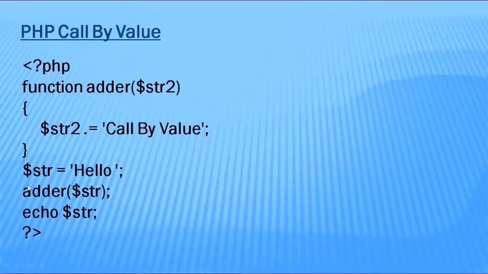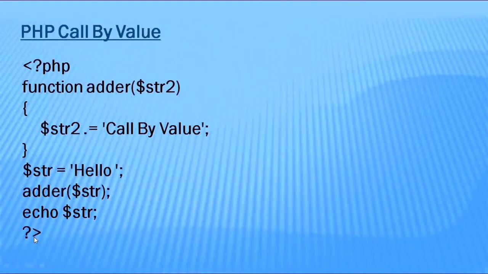Next, calling the function. The variable is str, str equal to hello. str2 value is call by value. str value is hello. Next, adder of str. Echo print str value. So the output statement prints the str value, that means hello. Okay. Next, after completing the PHP code, question mark greater than is the closing symbol.